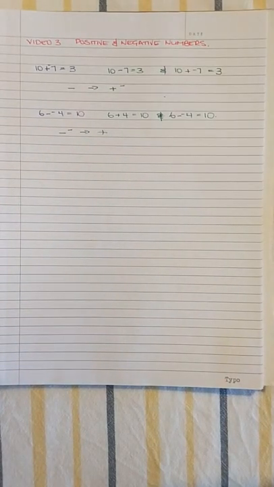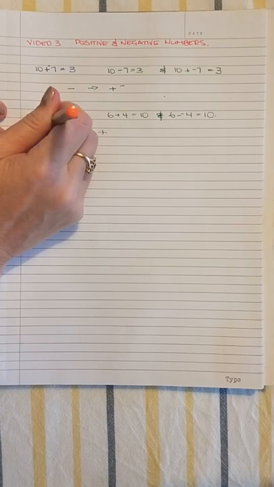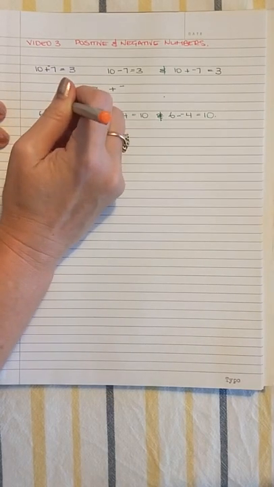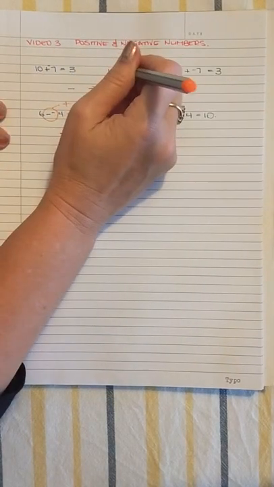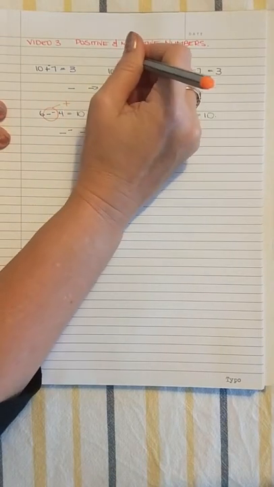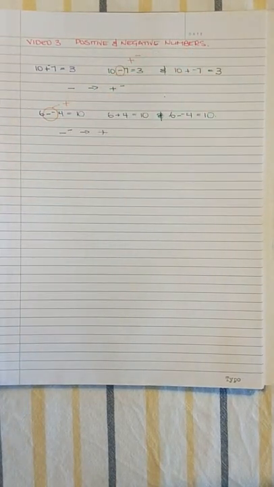Now, you pretty much just have to memorize these things, guys. So just really take a moment to understand that any time you see this situation, you can change it to a plus, and any time you see this situation, you can change it to a plus negative. Let me do a couple of examples.